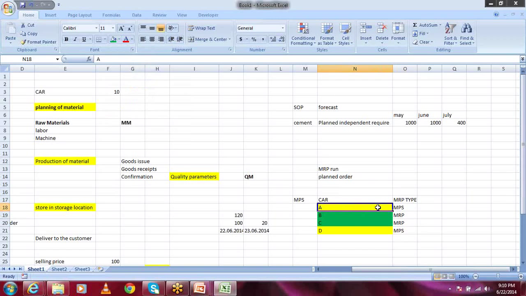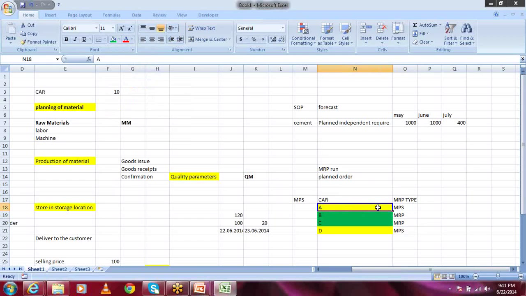What about the repetitive manufacturing? What do you suggest? Repetitive manufacturing is the product which is manufactured continuously. Yeah, I know, but what I'm asking is, do we have to do MPS or MRP for repetitive manufacturing products? There also generally you will do the MRP. There also you can use MPS based on the importance of the materials.